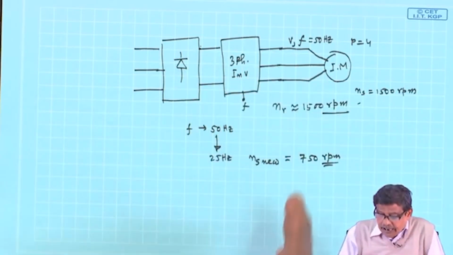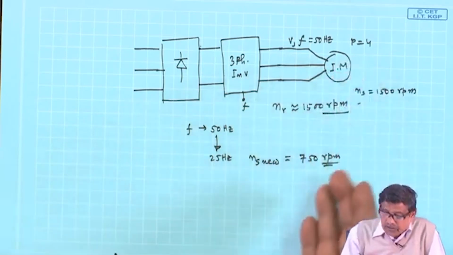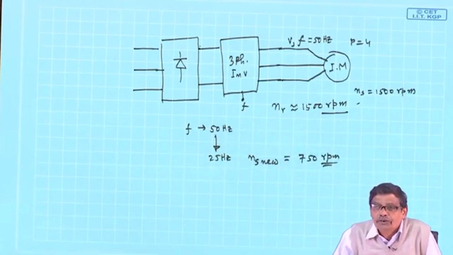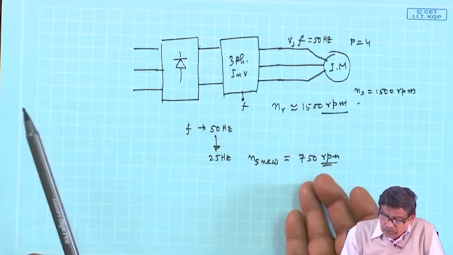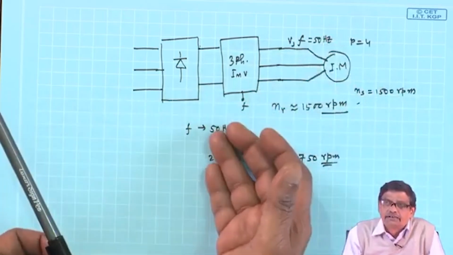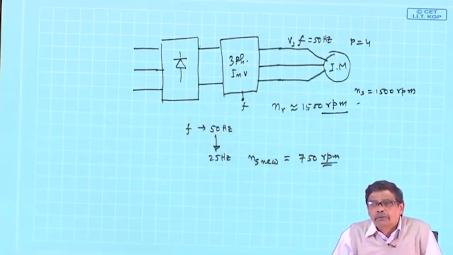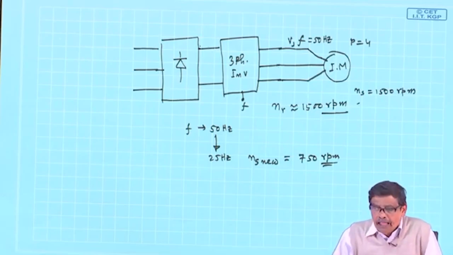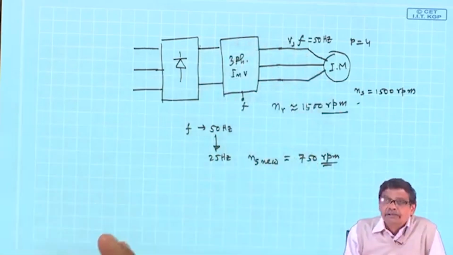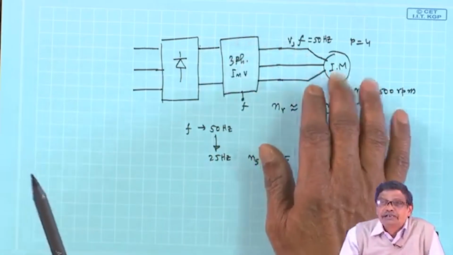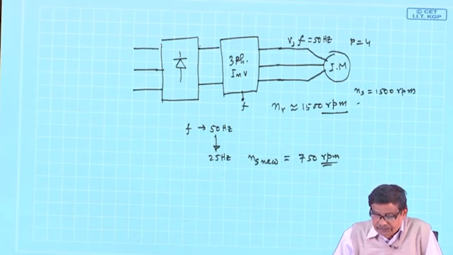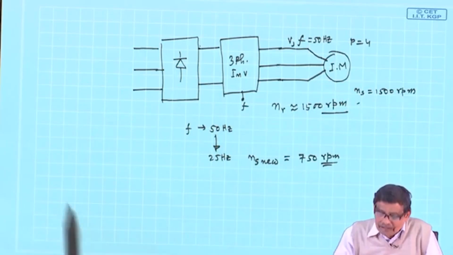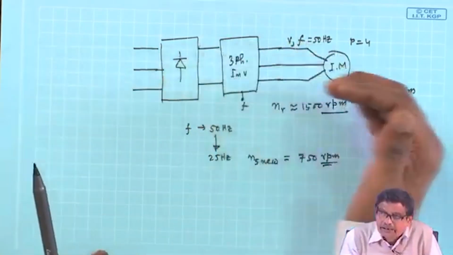As an example, it will immediately go to generator mode of operation if you suddenly decrease the frequency, not to 25 hertz necessarily, but to 50 hertz, 40 hertz like that, and it will develop different levels of braking torque. And when you do that, you do not waste the kinetic energy of the rotor in some resistance or in friction. That energy will be pumped back to this system.